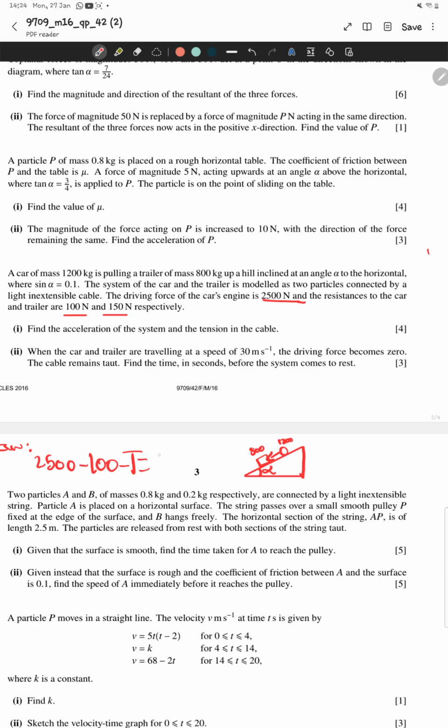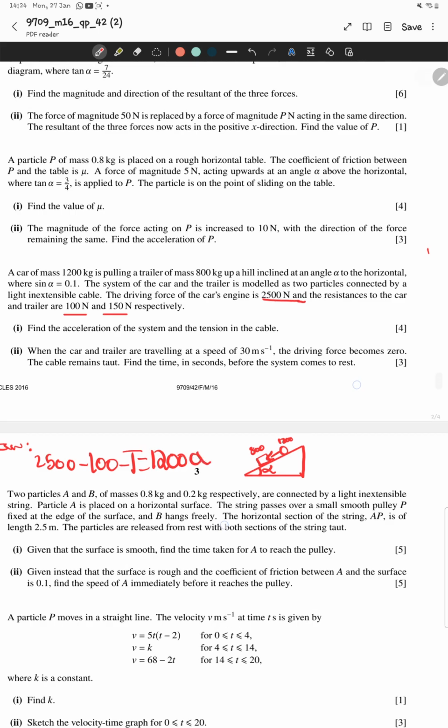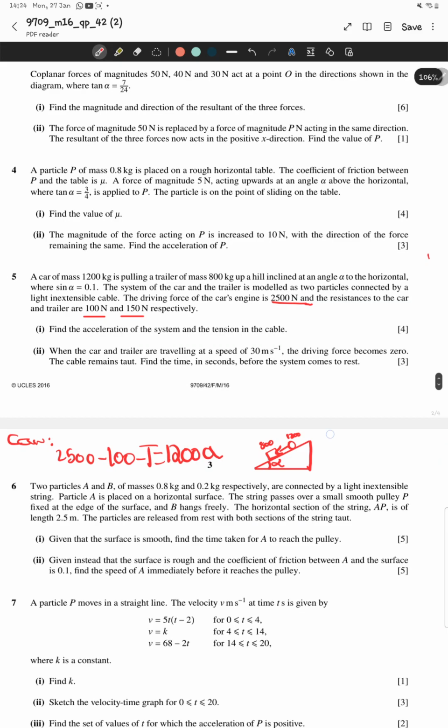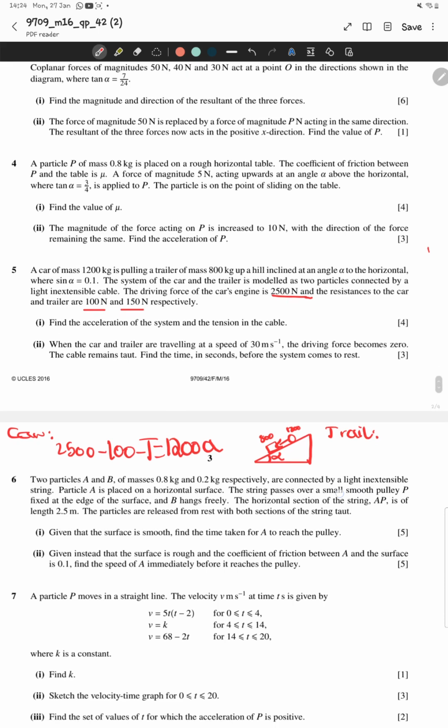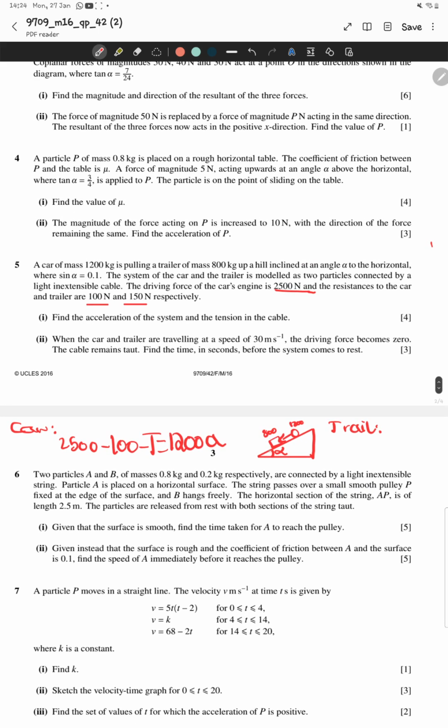M is 1,200, and we do not know the acceleration. Now for the trailer, it does not have its own driving force. Its forward force is the tension in the cable. So forward force is T minus the resistance to the trailer of 150 newtons.